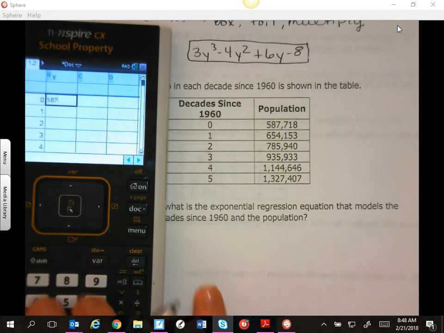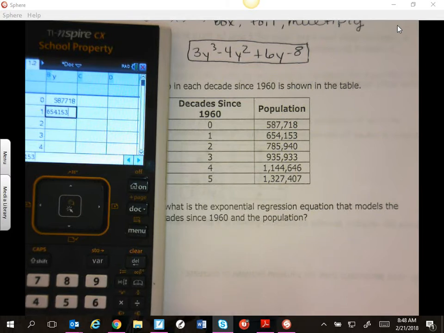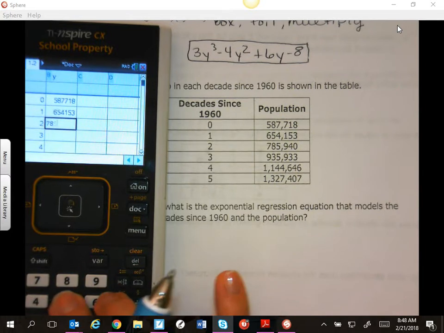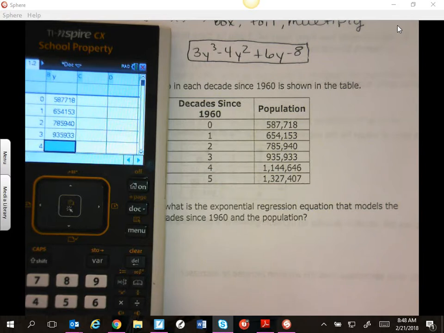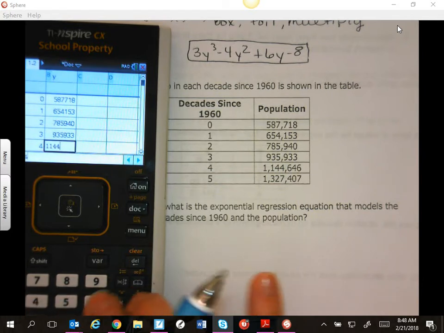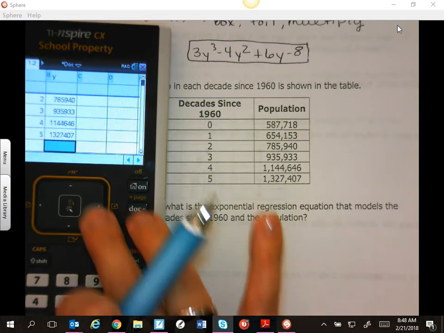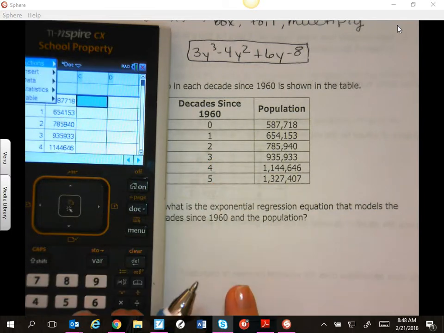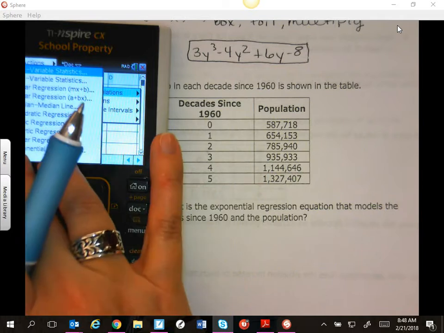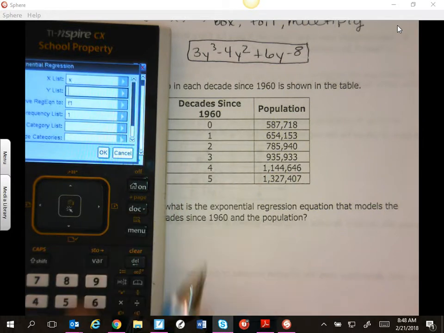Then we enter the population values. Right, and then we go to C1. Menu 4, 1, and this is exponential regression, so it is a times b to the x, y.